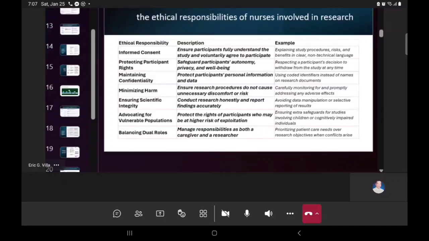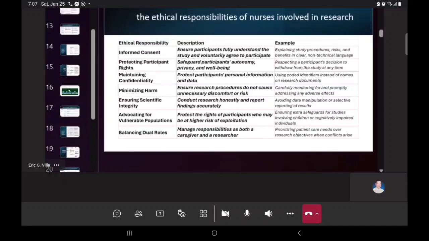Minimizing harm is a fundamental ethical principle in research. Nurses must ensure that research procedures do not cause participants unnecessary discomfort or risk. This involves careful monitoring for adverse effects and promptly addressing any issues that arise.